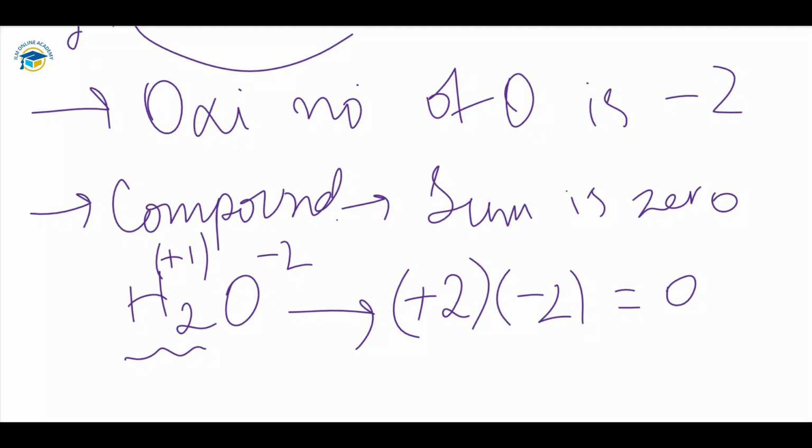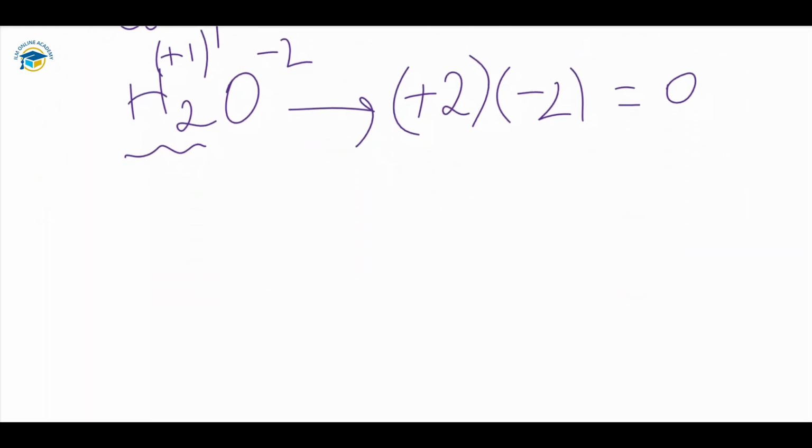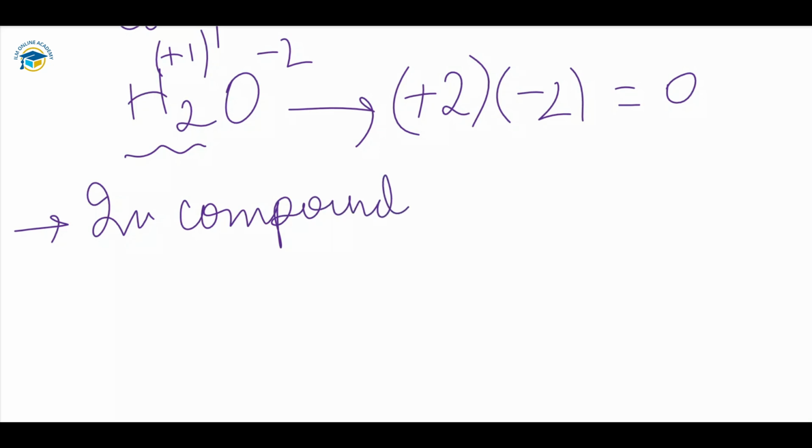So the last one is the last rule for working out the oxidation number of an element. The sum of the oxidation numbers in a compound ion is the charge that is present on it. So if there is a compound ion that already has a charge present on it, the sum of the oxidation numbers is the charge on it.